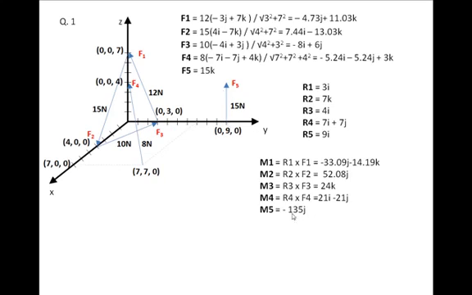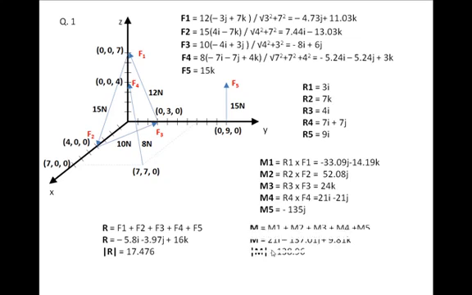That will be minus 135i. Now, taking the cross products, you get these vectors. And now the resultant force is simply the addition of all these force vectors, and you can work out the magnitude if you wanted to, and the resultant moment is simply the addition of all the moment vectors, and we can work out its magnitude.